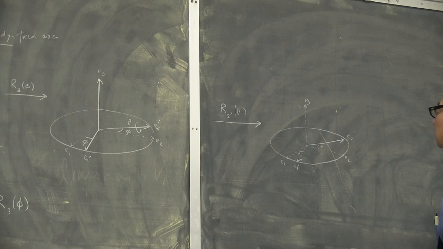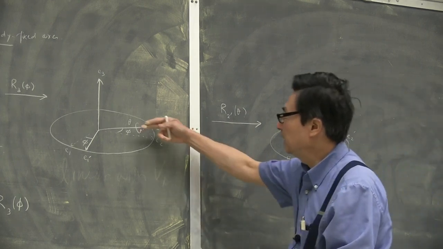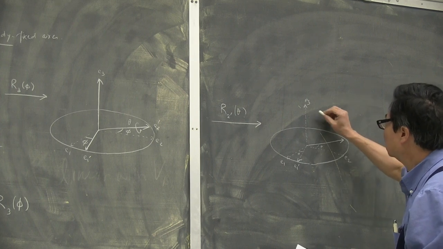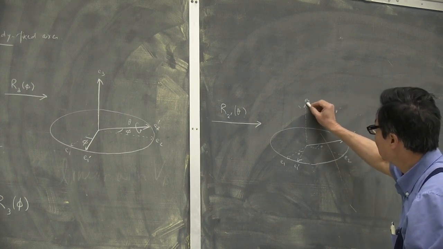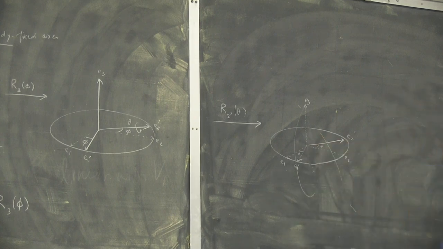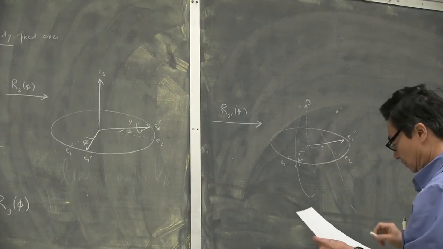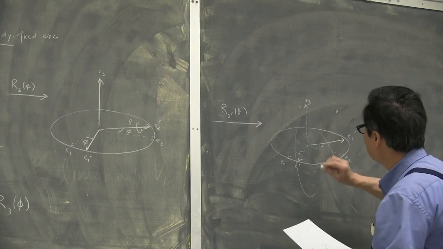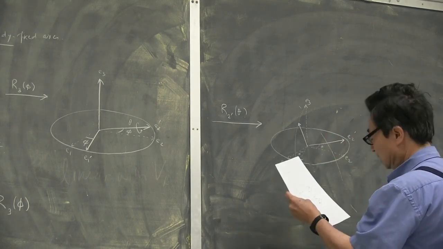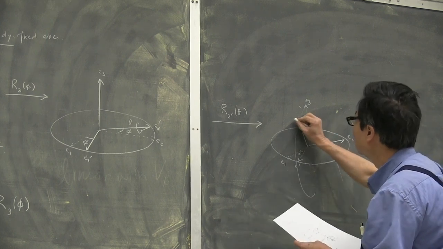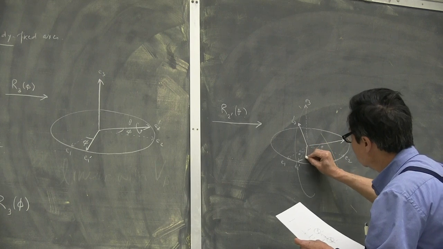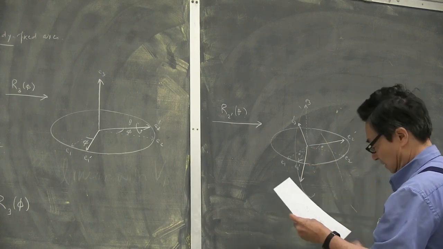Now, you're rotating about this, so therefore E3 will move down, and then E1 prime will move down also. So after this step, my moving frame will be like this. Let me call this the new E3, which we're going to call E3 prime, and then the new E1.